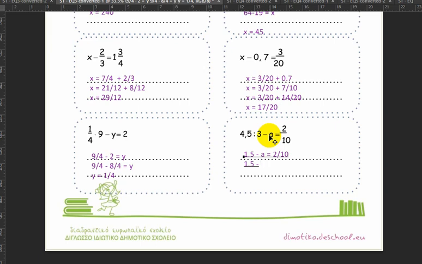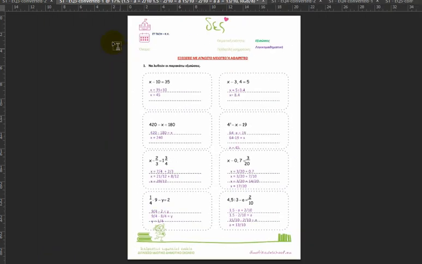So we have 1.5 minus 2/10 equals a. Then I'm going to turn the 1.5 into a fraction. So it becomes 15/10 minus 2/10 equals a. So 13/10. A equals 13/10. First side of the third worksheet, done.